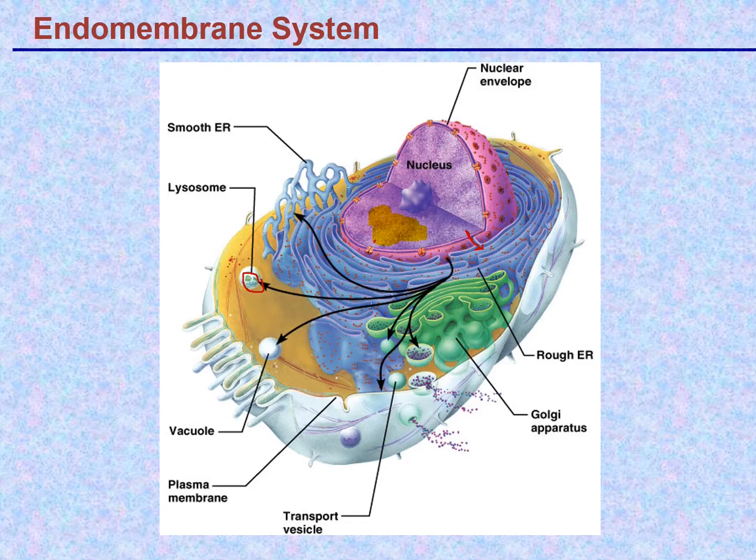There's no vesicle shown here, but a vesicle will fuse, say, with the cis face of the Golgi apparatus. Then the protein undergoes post-translational modification inside the Golgi apparatus and is packaged into transport vesicles that can be secreted to the outside. It can fuse with the plasma membrane and allow the protein to be released to the outside.